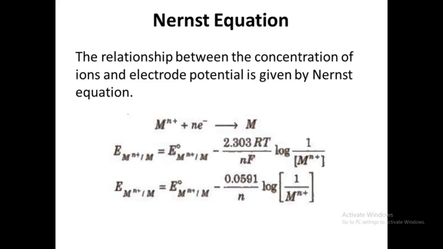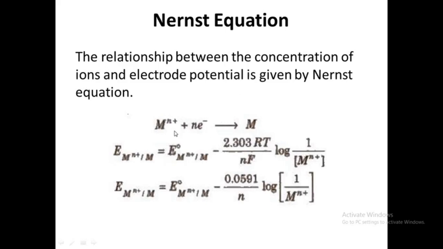That means the electrode potential always depends on the concentration of the electrolyte used, and hence Nernst gave an equation in which he related the electrode potential of a half cell with the concentration of the metal ion present in the half cell. So the relationship between the concentration of ions and electrode potential is given by the Nernst equation.